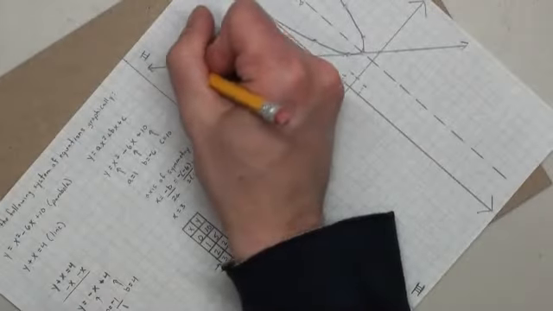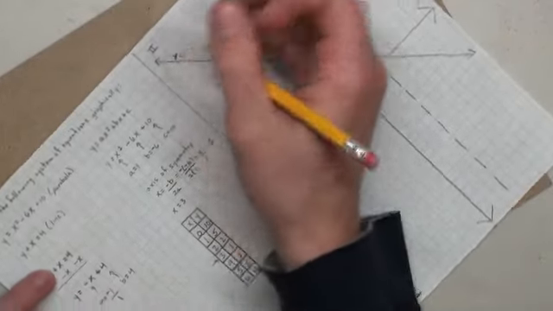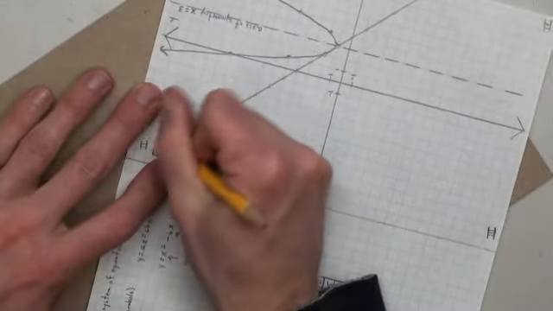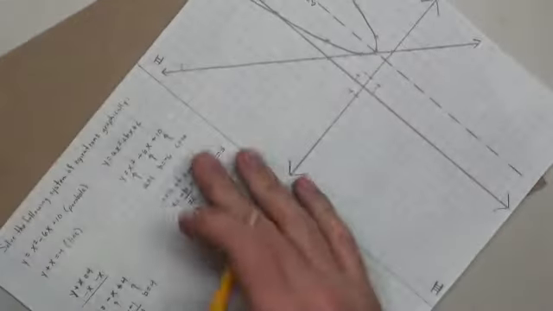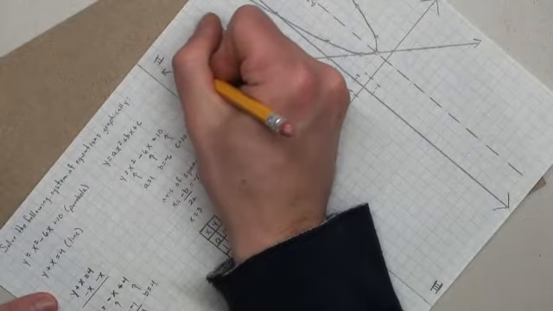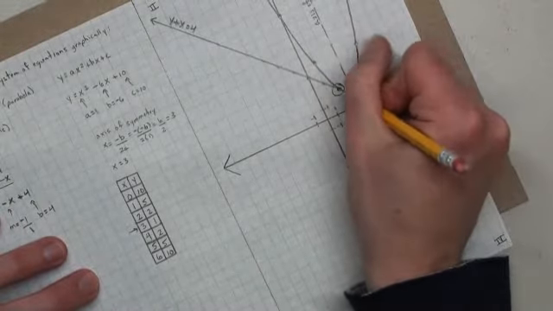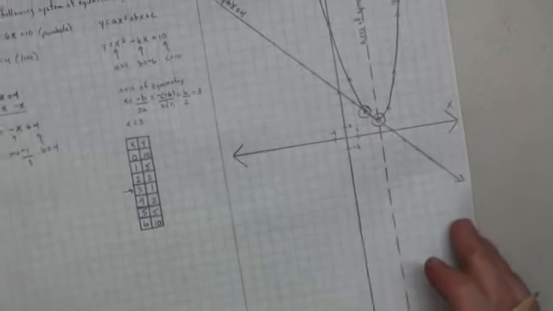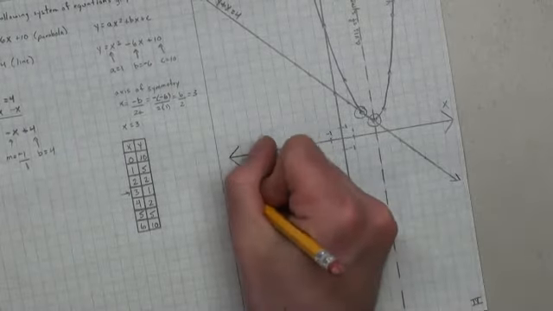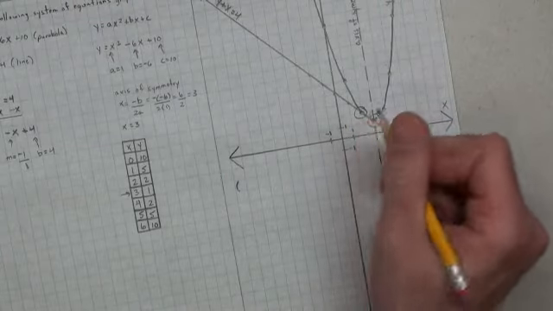Okay, so let's put our equation. Let's put our original equation, which is y plus x equals 4. Let's circle our two intersection points. So let's now write down our solutions.